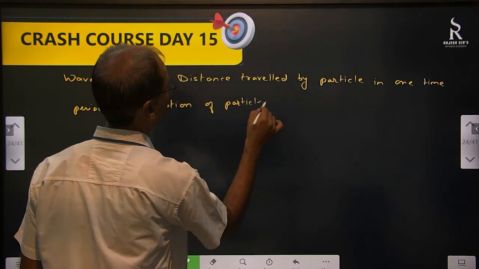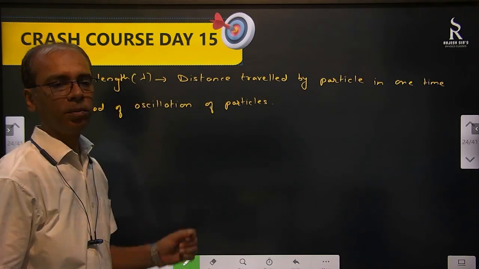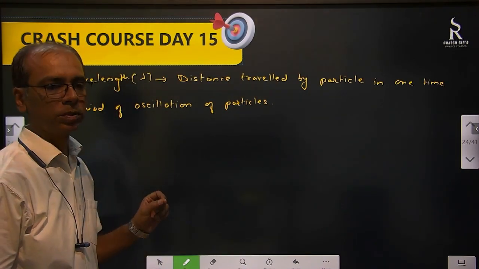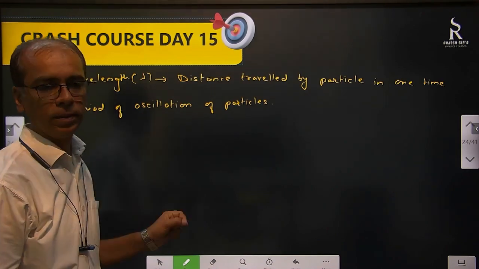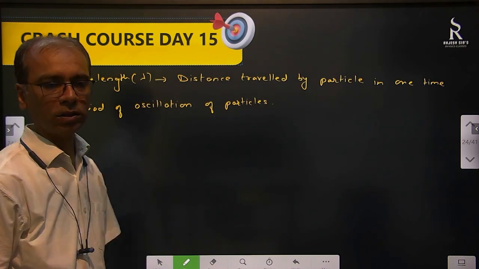So all the particles are doing oscillation of the same time period? Yes. Same time period as the source. The source means, suppose the hand which was producing the disturbance, if its time period is T, then the time period of the wave is T only.